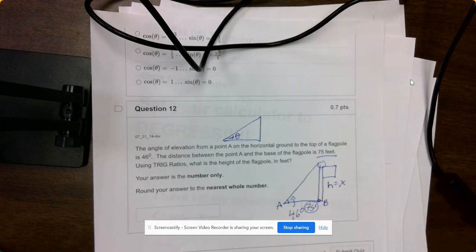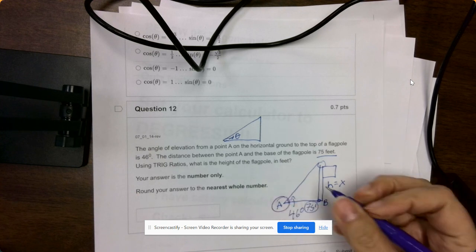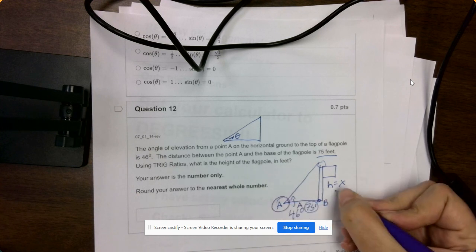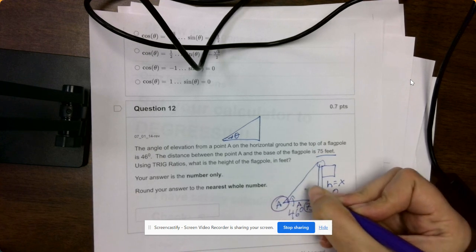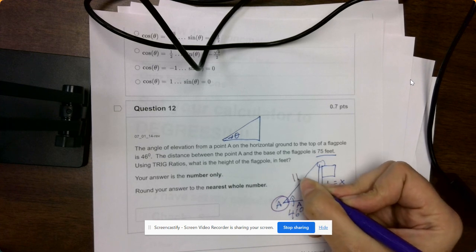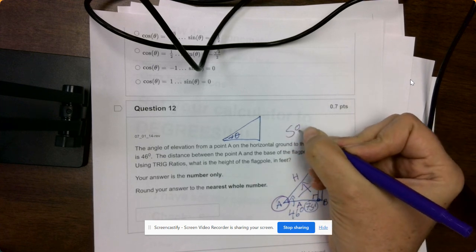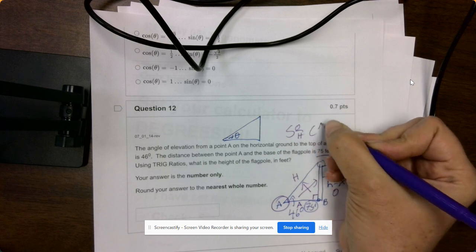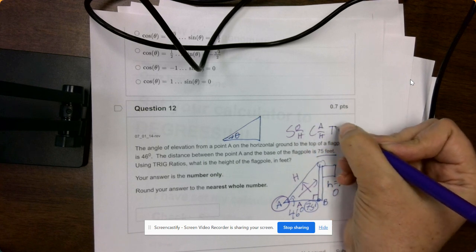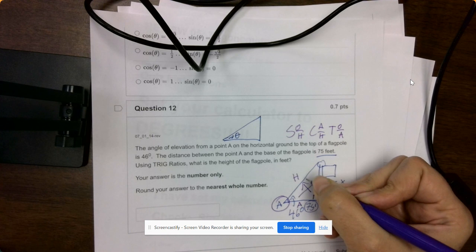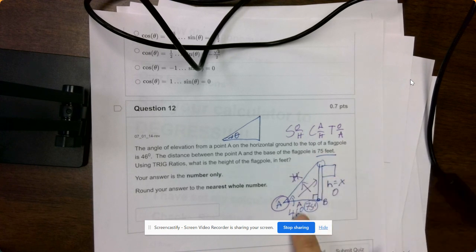We're going to label it, so I circle the angle. This is going to be adjacent, opposite. This forms a right angle, hypotenuse. I look at SOHCAHTOA, and I know I don't have anything here for hypotenuse, but I have adjacent and opposite, so we're going to use tangent.